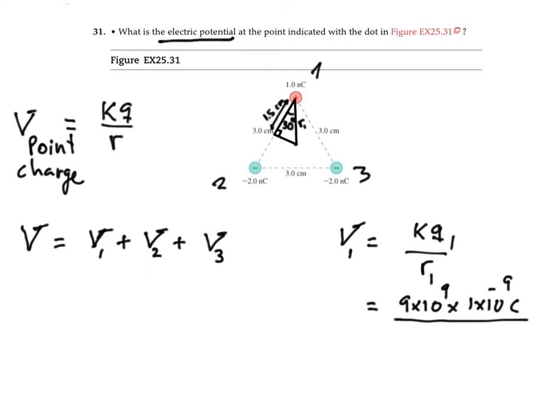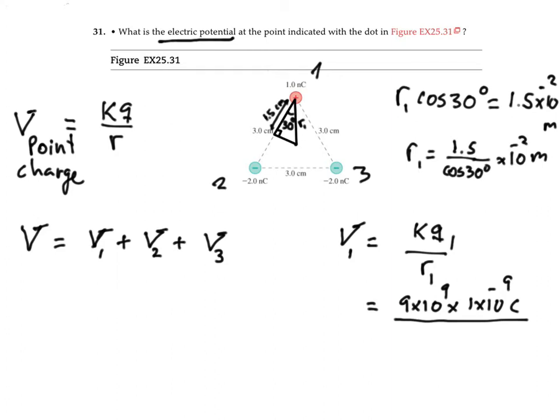We only have 30 here, so using trigonometry, we should have that R1, the hypotenuse, multiplied by the cosine of 30 degrees should be equal to 1.5 centimeters. I'm going to write it again, being careful with using MKS units, as 1.5 times 10 to the minus 2 meters.